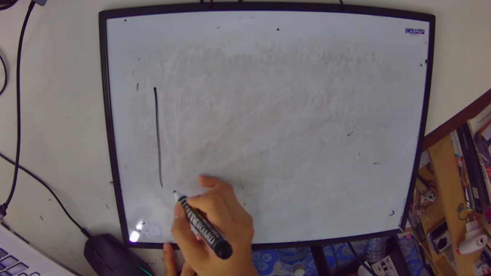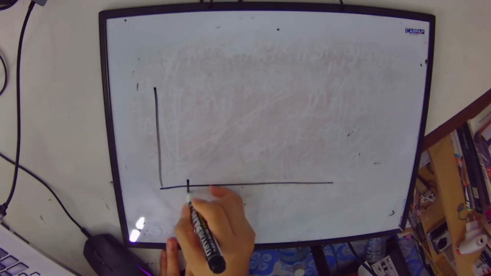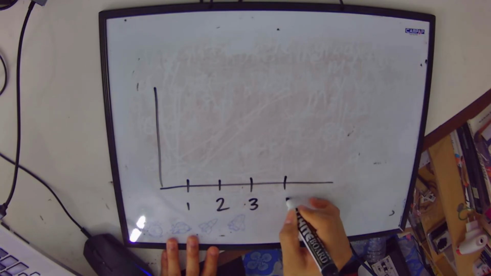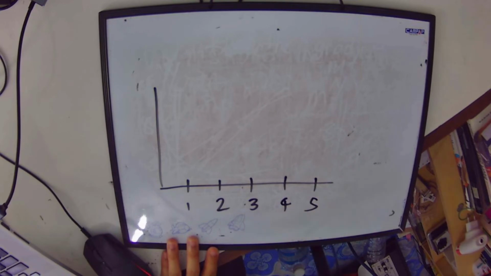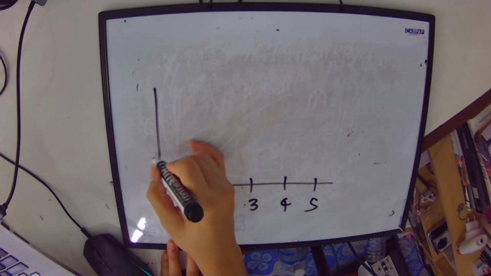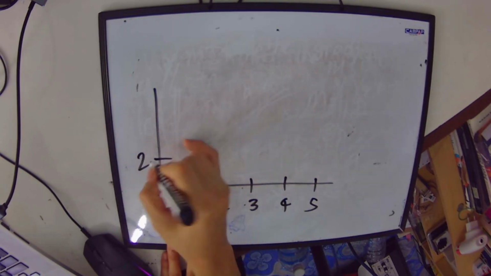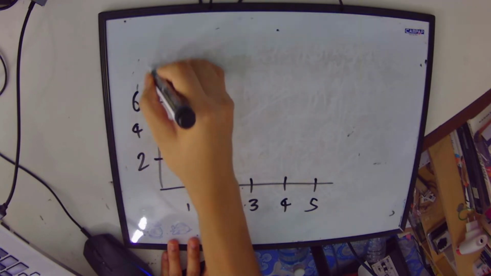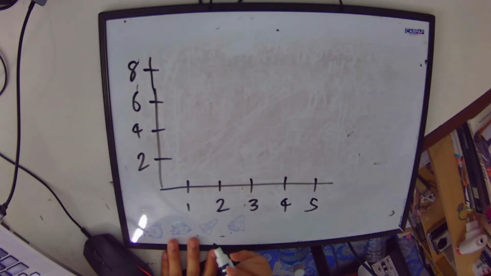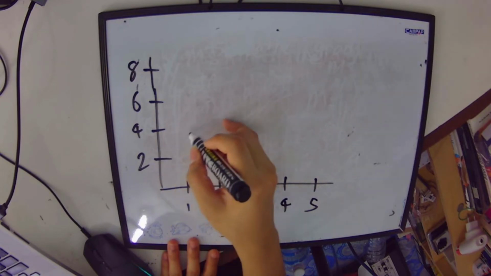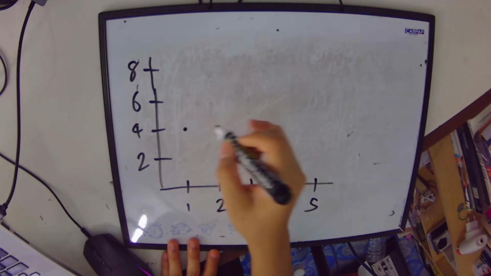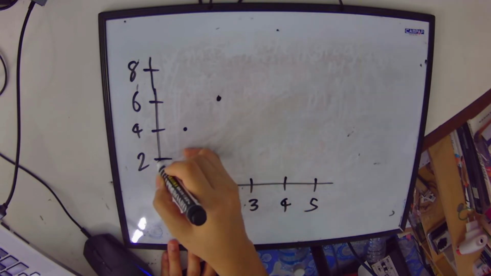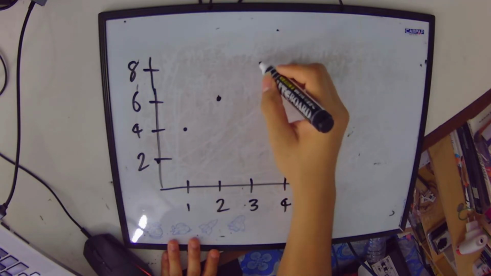Kali ini, so 1, 2, 3, 4, 5. Let's go 2, 4, 6, 8. Let's have one line here, one line here, and another line here.